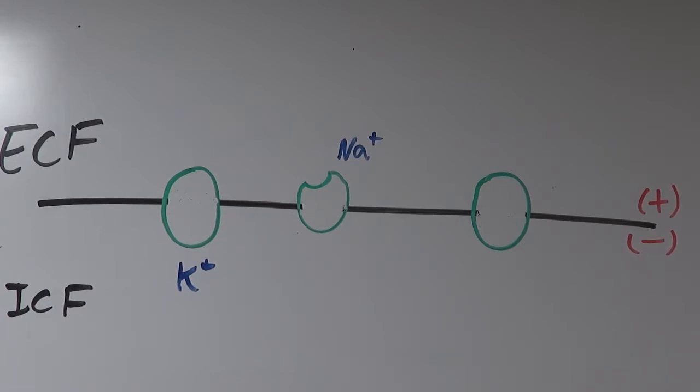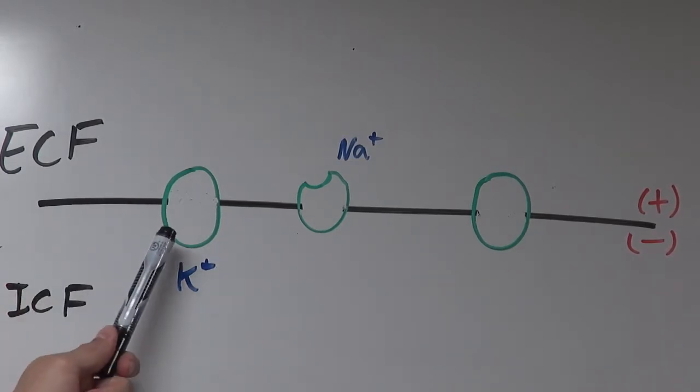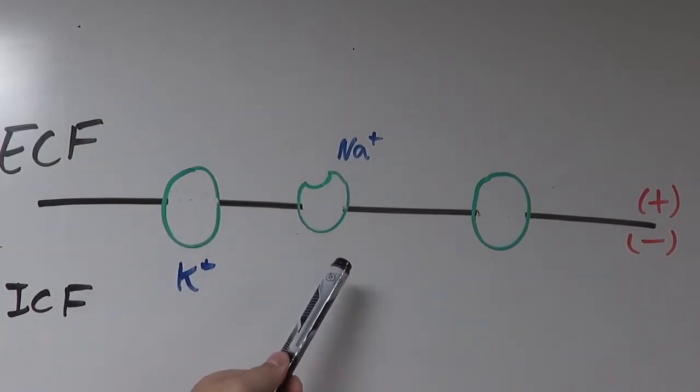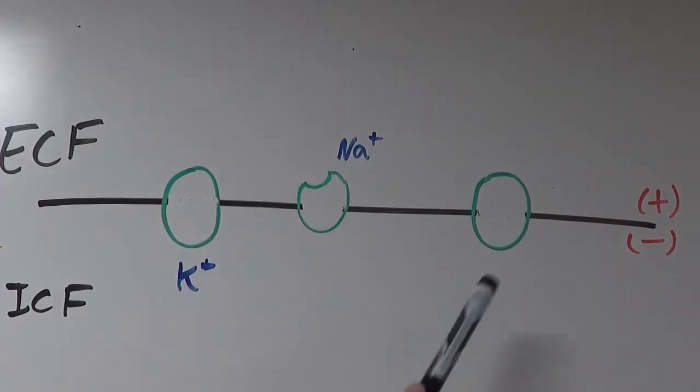So here we have our potassium channel, our ligand sodium channel, and this will be later seen as a sodium-potassium pump. So for a local potential to happen, again, we have acetylcholine, the neurotransmitter, as a stimulus.